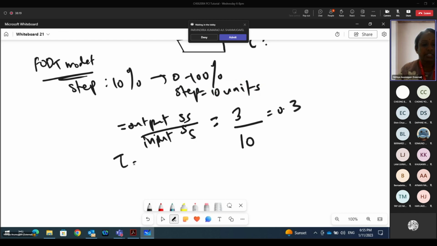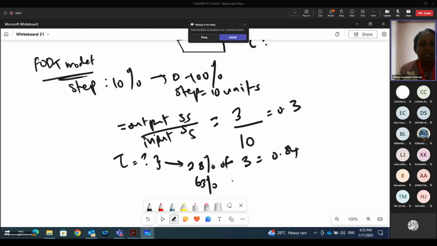For the tau calculation, we know that 28% of 3 will be 0.84, and the balance 63% to make it 100% of 3 will be 1.89.